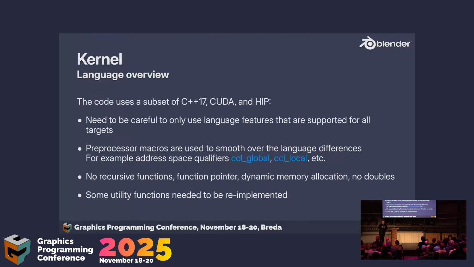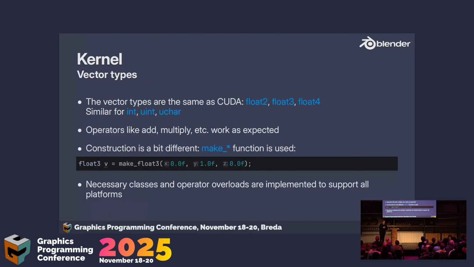We also implement a number of utility functions to make the same code compile on different backends. For the vector types, we basically stick with what CUDA uses, like float2, float3, float4, which work as expected. A similar thing exists for integer, unsigned integer, and unsigned char buffers. There are, of course, mathematical operations and some functions implemented to support compilation of the same code on all the backends.